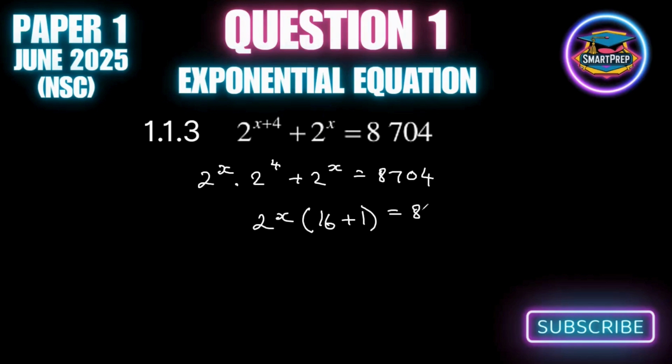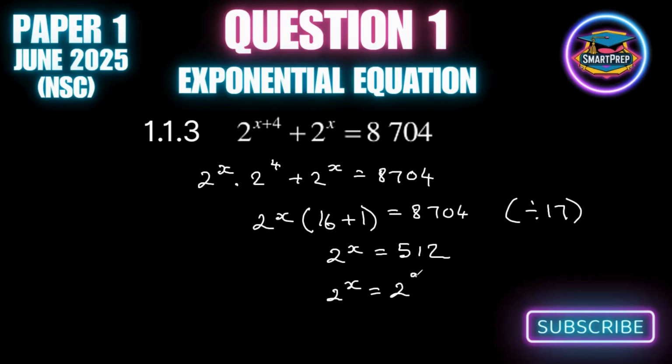And we get 8704, which we now divide by 17. And if we divide both sides by 17, we get 2x equals 512. And we know that 512, if we say 512 shift fact on our calculator, then we get 2 to the 9, and we know that x is equal to 9.